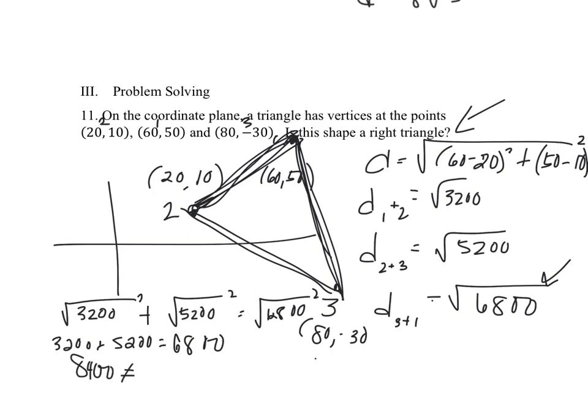That does not equal 6,800. Therefore, this is not a right triangle. So using your coordinate plane, and using that distance formula, you can figure out whether these possibly form a right triangle or not.